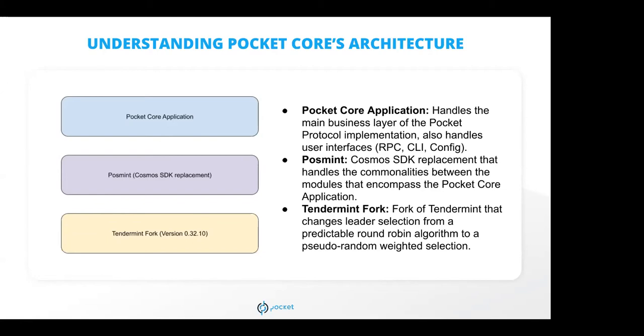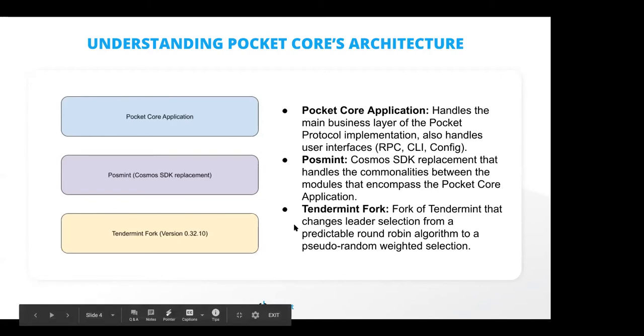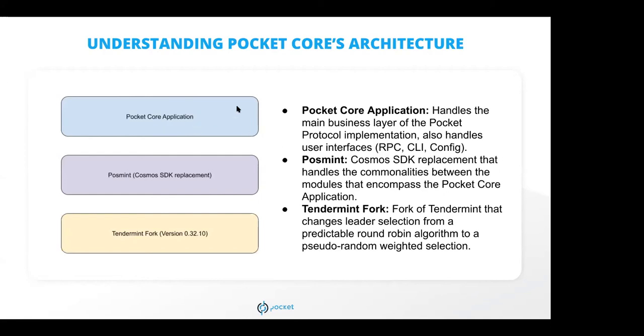So for our architecture, we wanted to avoid that, and we reutilized our pseudo-random weighted selection algorithm that we use to select nodes for sessions. And that way, the only node that is going to be known in advance is the next block producer.